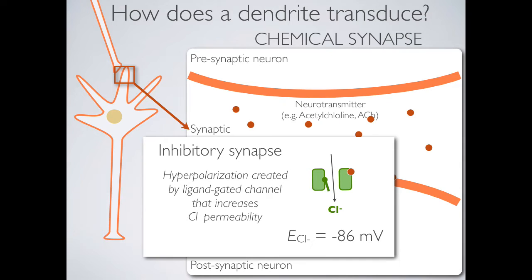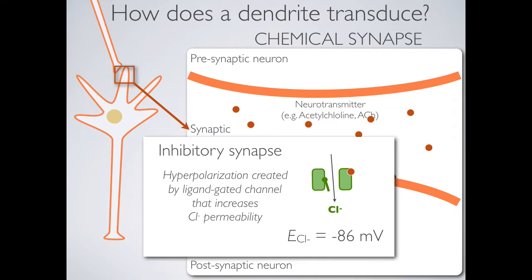So the bottom line is, if your chemical synapse has ligand-gated chloride channels, that's going to be an inhibitory synapse because it's going to tend to take the membrane potential and move it from -70 towards this more negative number, which means that it's going to hyperpolarize the membrane.